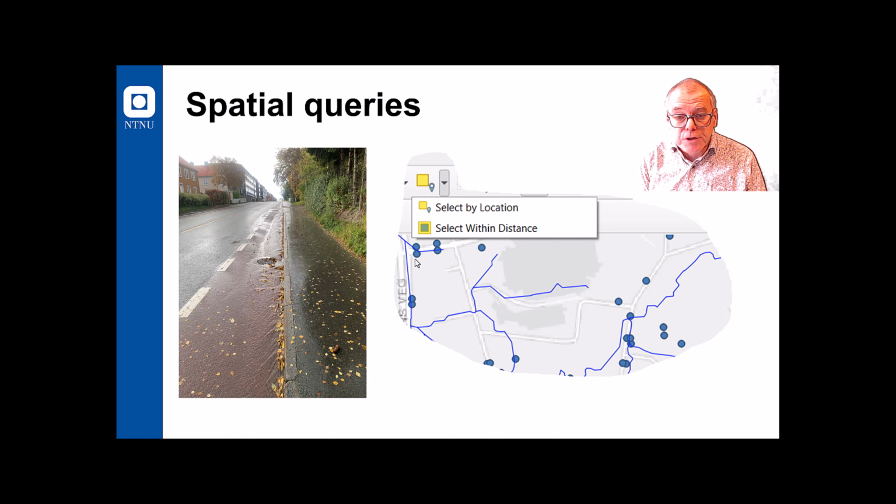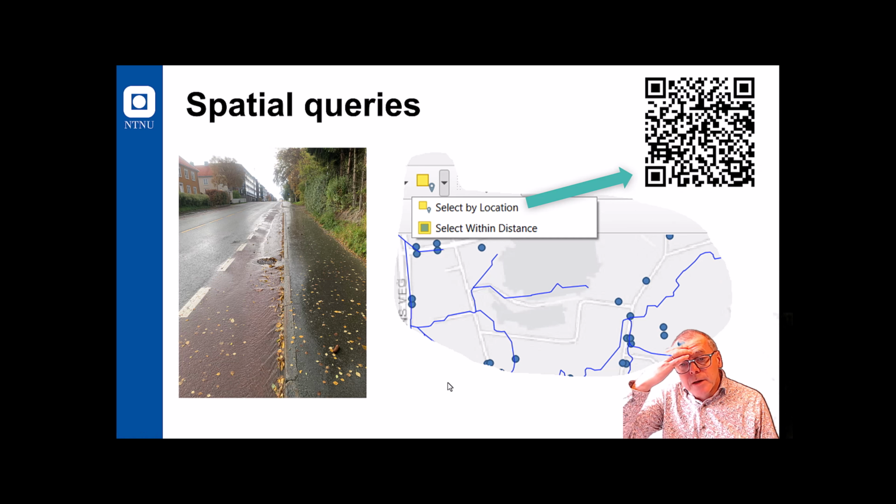Maybe you want to know then, where are those outlets which are intersecting or very near those drainage lines? Having linear features, the outlets as points can be very close to a line, but because a line has no width, if it has a width, it would be a polygon. And because a line has no width, you can be very close, but the spatial queries do not detect it.